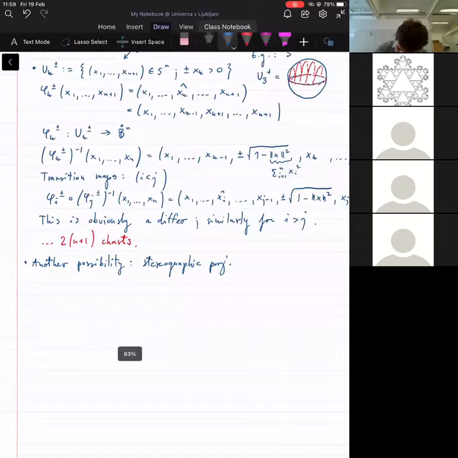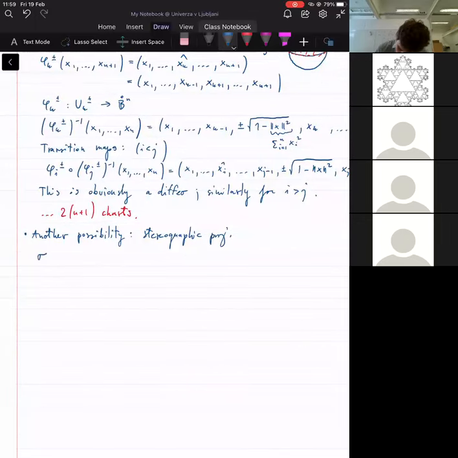So now we have two charts only, and this is Sn without the north pole. This goes into Rn, and it is defined in the following way: x1 to xn plus 1.